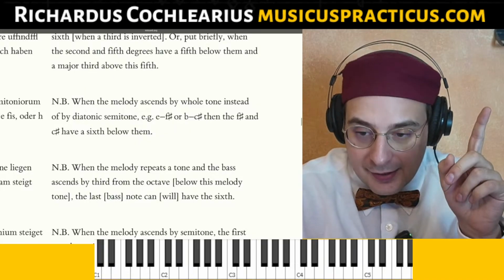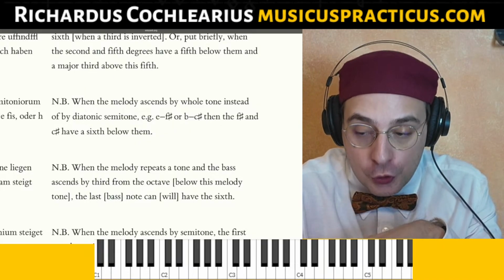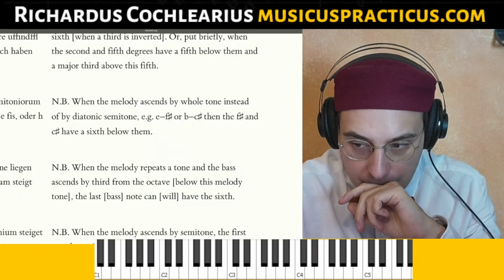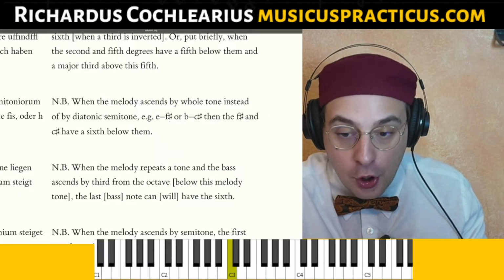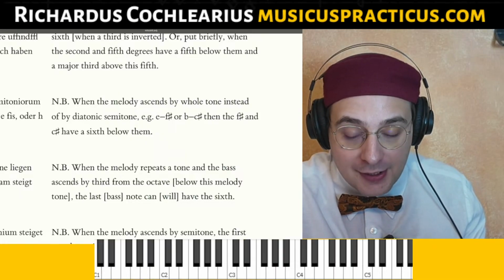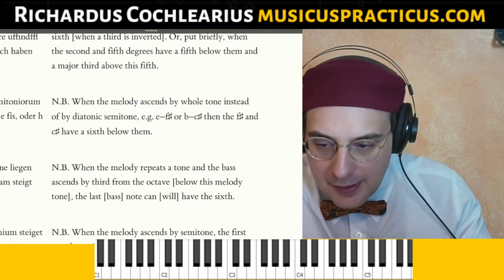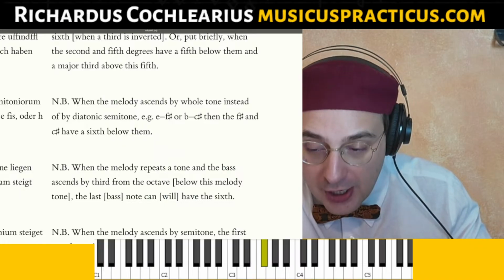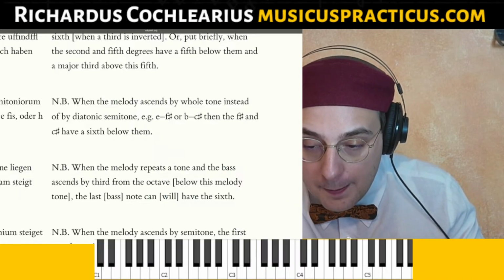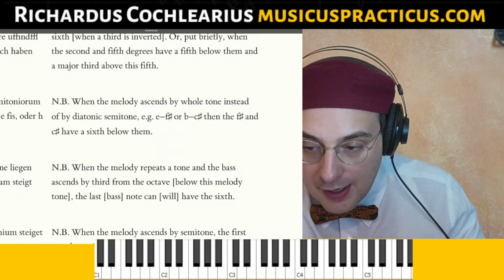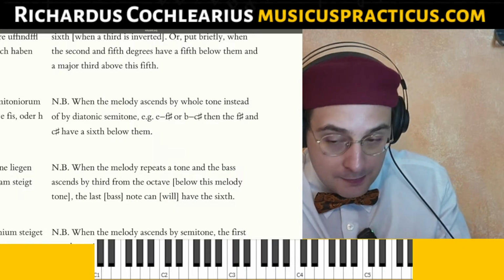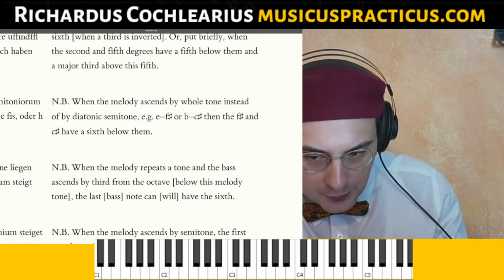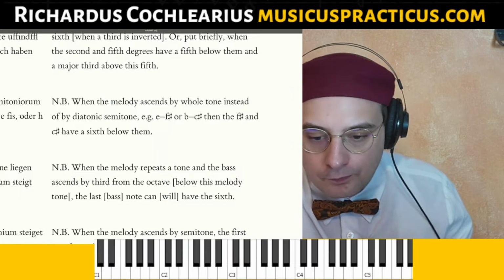When the melody ascends by a whole tone instead, or by diatonic semitone, for example F sharp or B C sharp, then the F sharp and the C sharp have a 6 below them. That way we use the 6th.